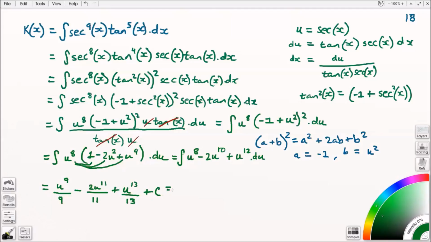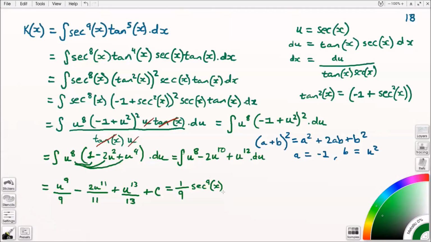Now I'm going to bring the constants out the front of each term and resubstitute secant x in for u as I write this now. So 1 over 9 secant. Now can't forget that power.